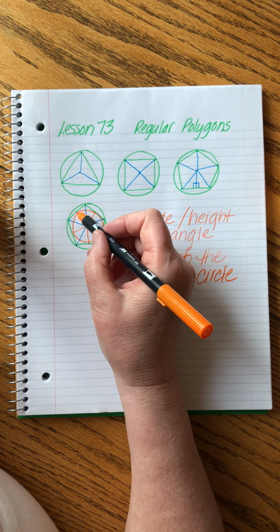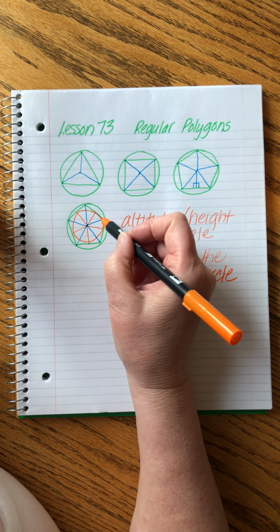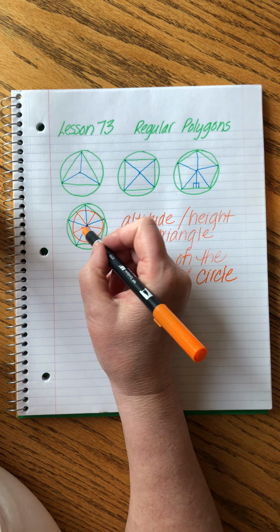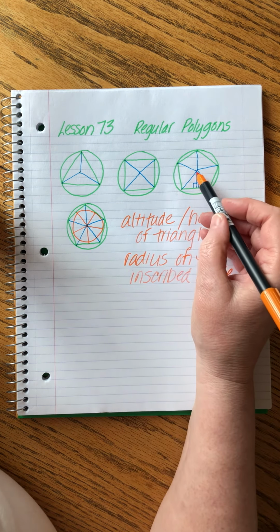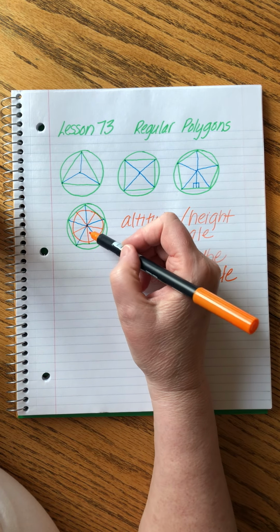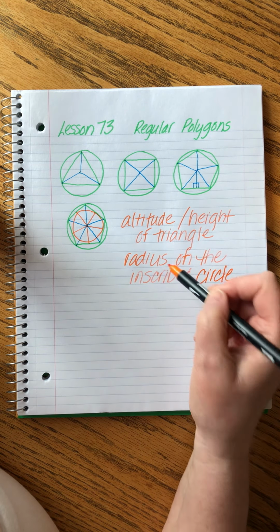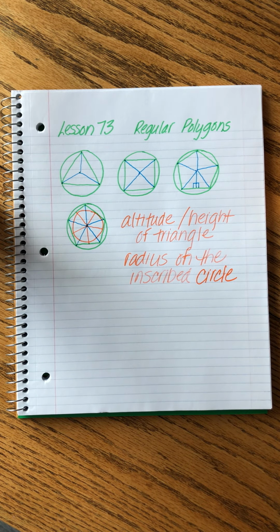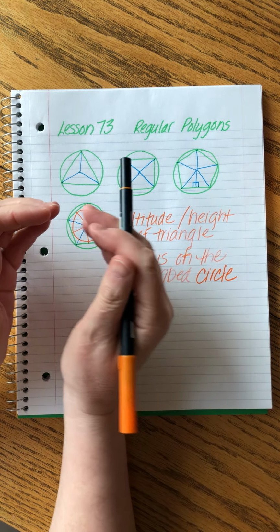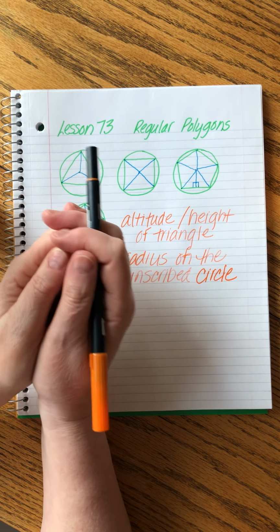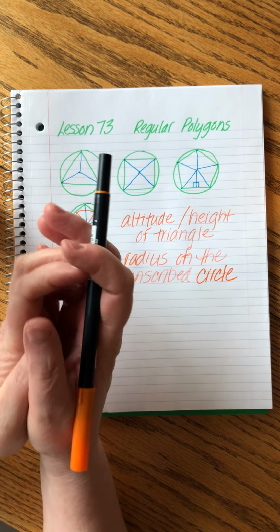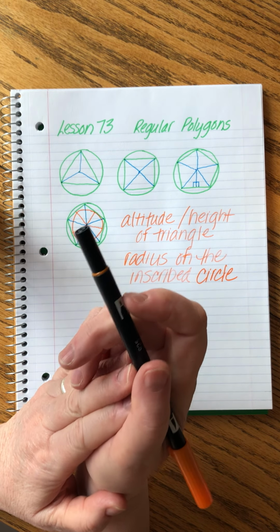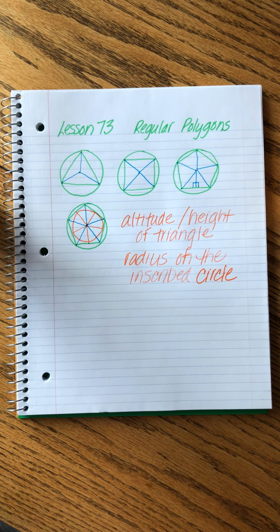But now I draw a little circle inside of the polygon, and I add these orange lines that are going right down the middle of each of the first triangles, and that gives me the radius of another circle. So we can go from outer circle to pentagon to triangles to a new circle. And if we really wanted to blow our minds, we could continue that process, right? They fit inside of each other.